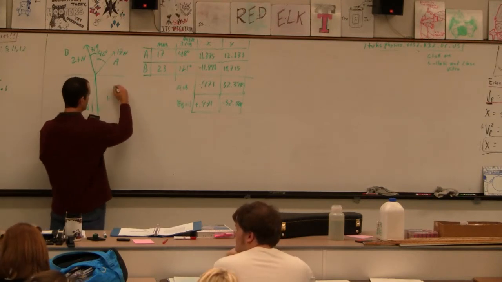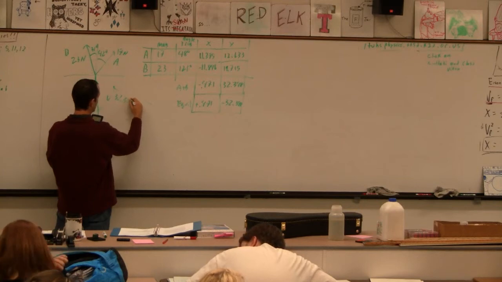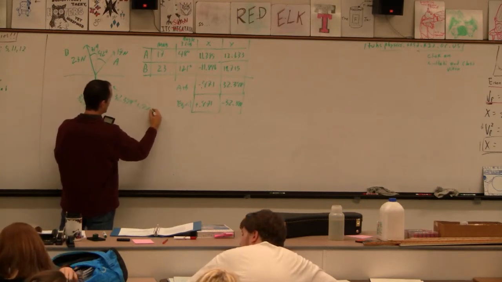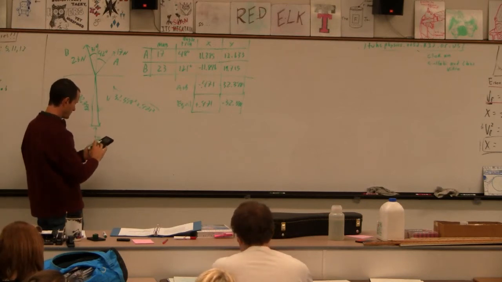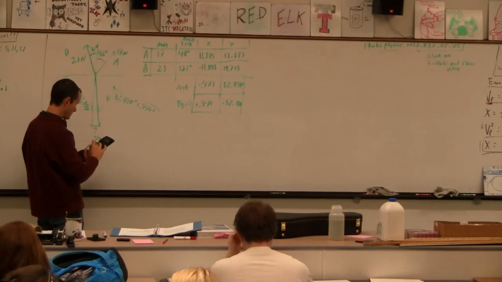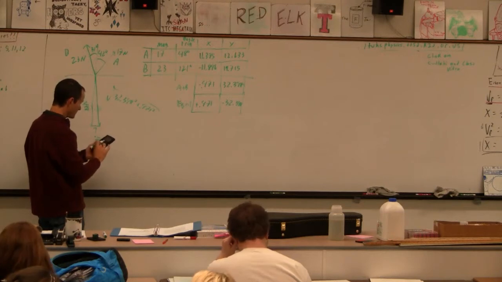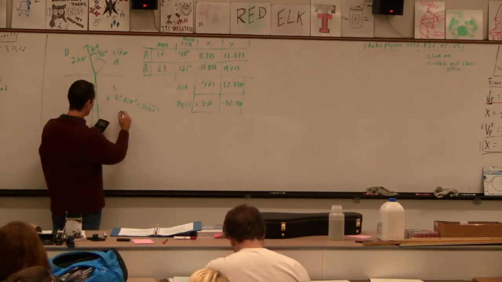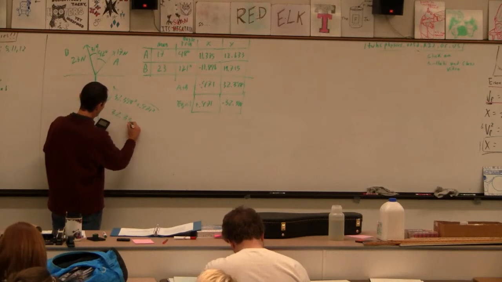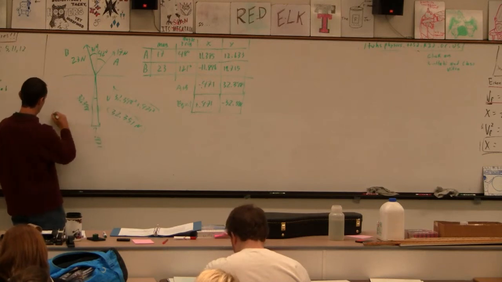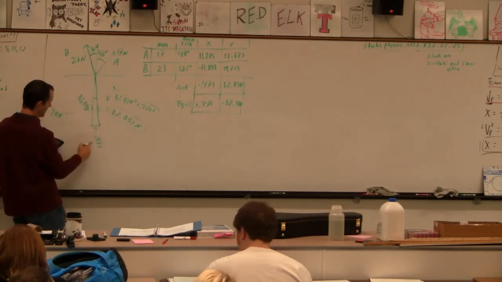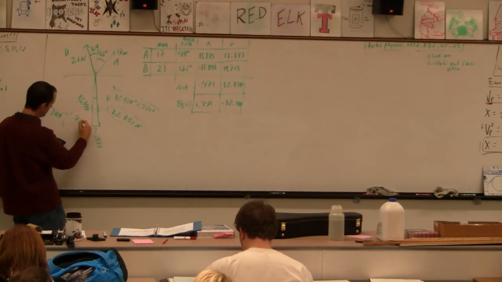So the magnitude is the square root of, that's 32.351 newtons. And then this angle here is tan minus 1 of the opposite over the adjacent.